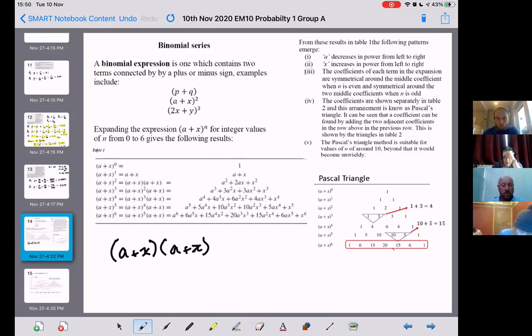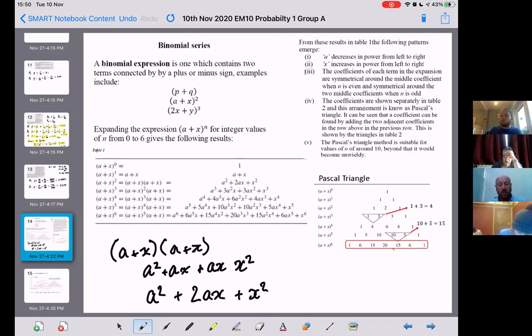So a times a is a squared. A times x is ax. This a times this x is another ax. And then x times x is x squared. Then we bring the two ax's together in the middle to leave a squared plus 2ax plus x squared.